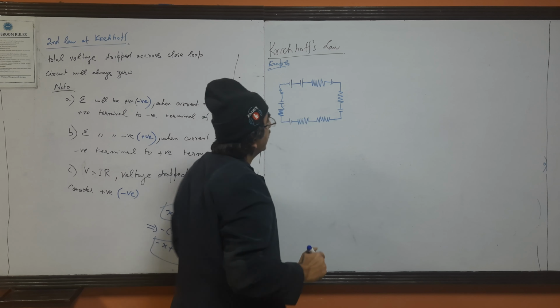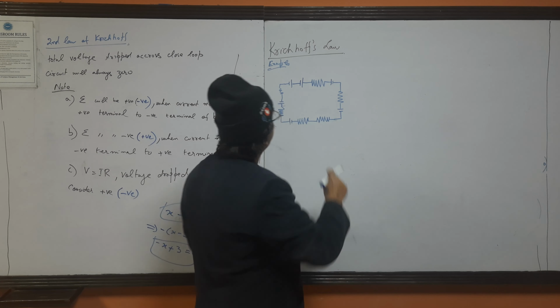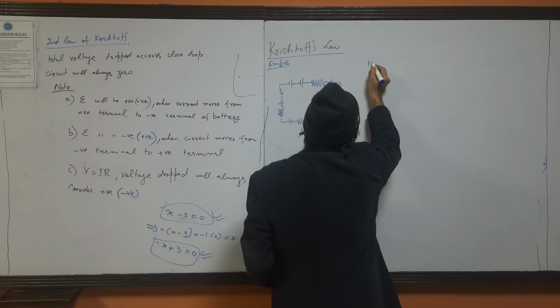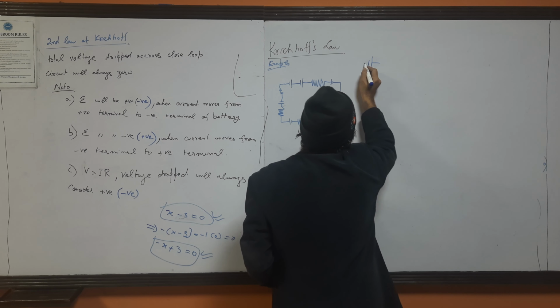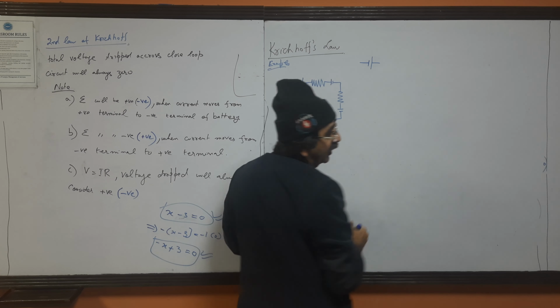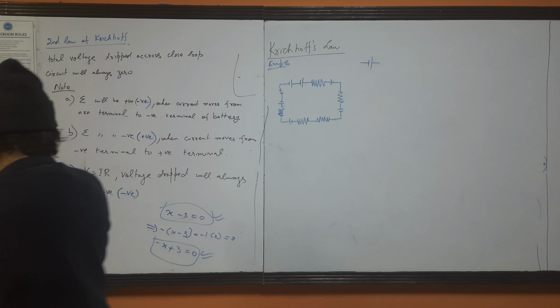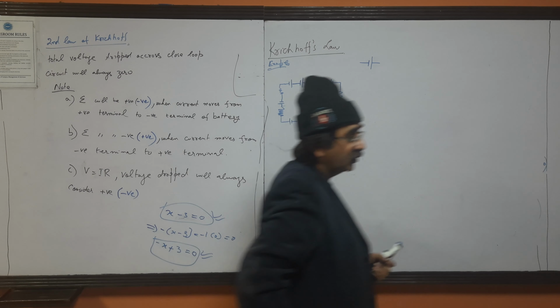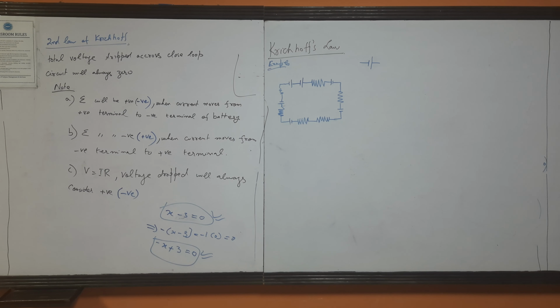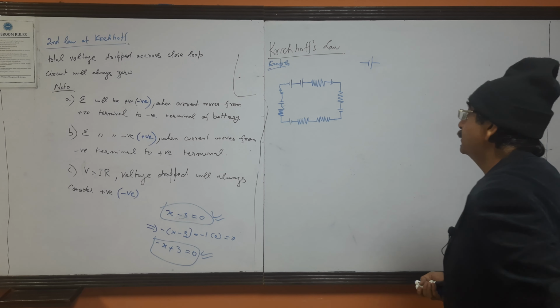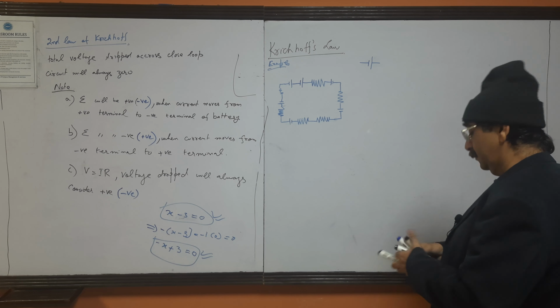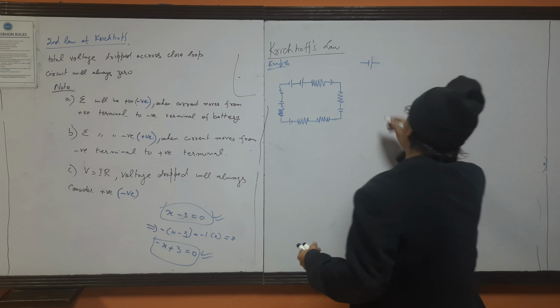Small terminal means negative terminal, plus is the large terminal. If you are considering this is a circuit, this small terminal will be defined as negative, and large will be positive.